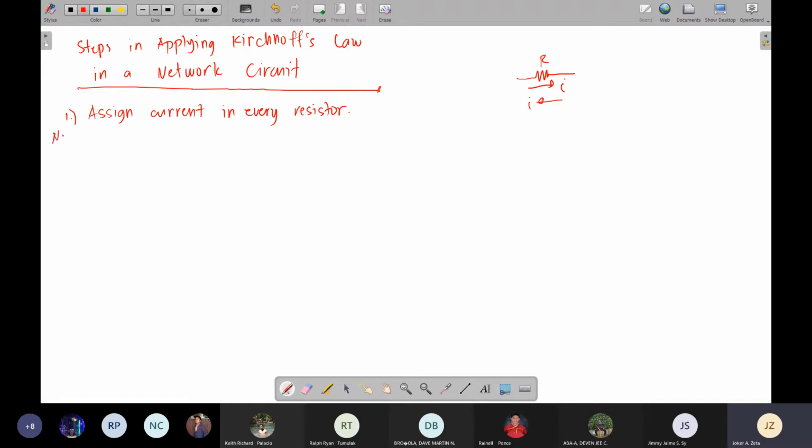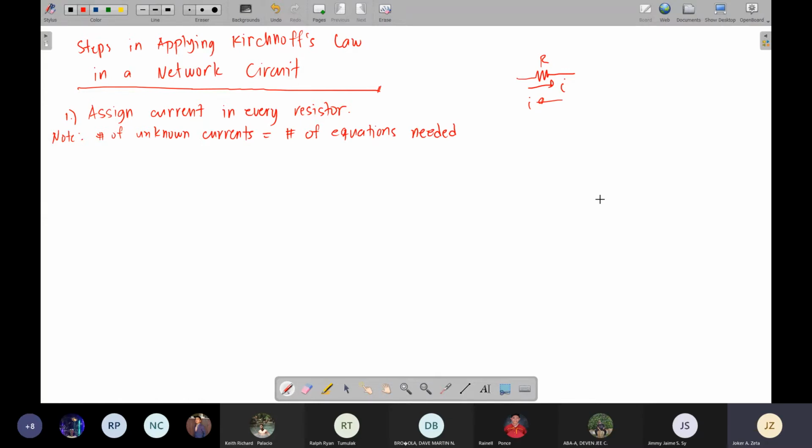Now, take note that the number of unknown currents, okay, will be equal to the number of equations needed. So kung pila ka unknown current ang imuhang maporma sa imuhang circuit, then that would be the number of equations nga kailangan nimo.